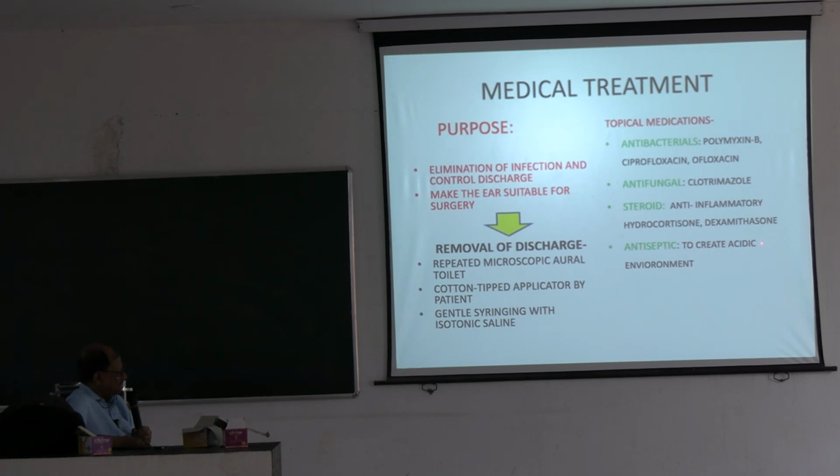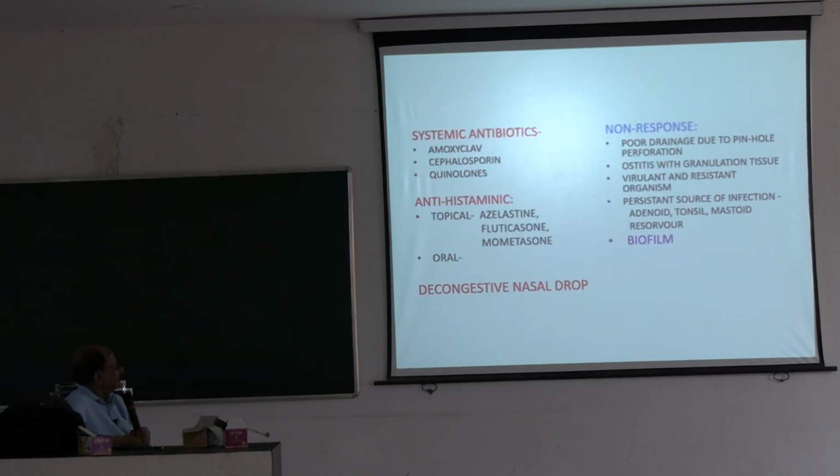Antiseptic to create an acidic environment. In acidic pH, the antibiotic and antifungal work better. Systemic antibiotics, these are three antibiotics commonly used: amoxicillin, cephalosporin and quinolone group of drugs. Antihistaminics, these are the three antihistaminics used.